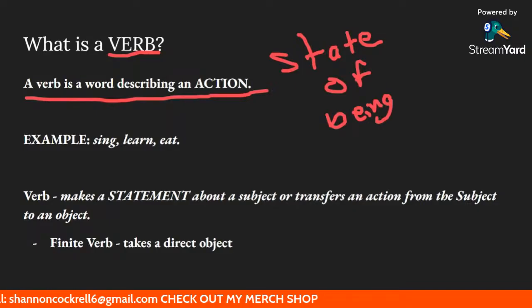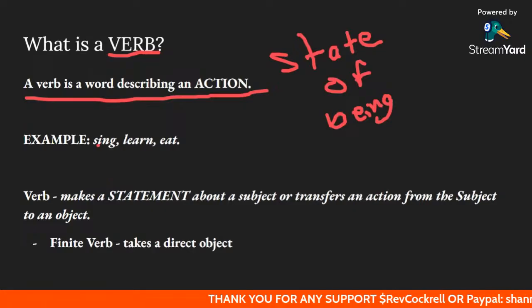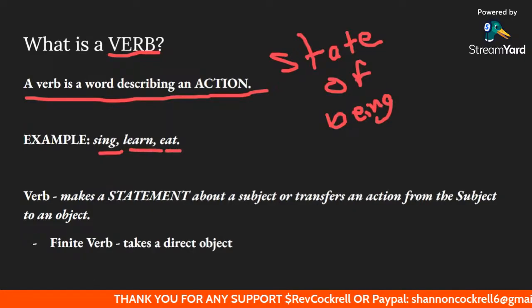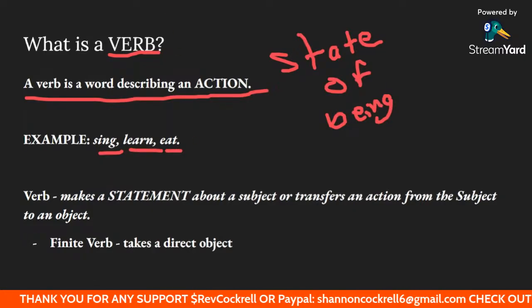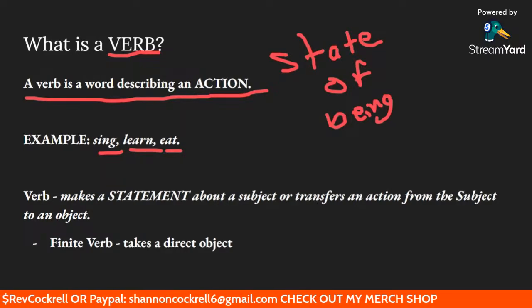Most of this information can be found in chapter 2 of the book. So again, what is a verb? Sing, learn, eat, run, jump. Those are verbs.